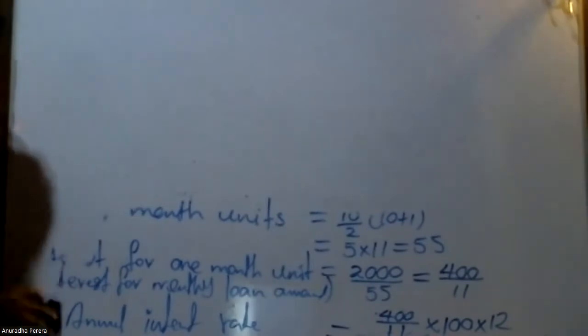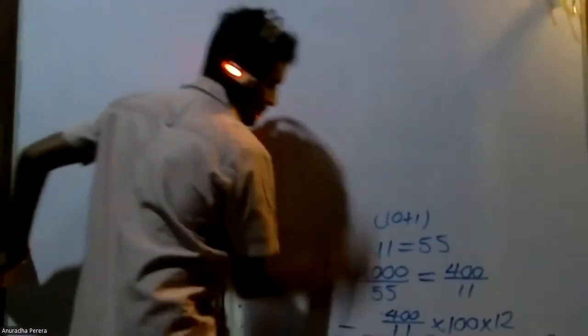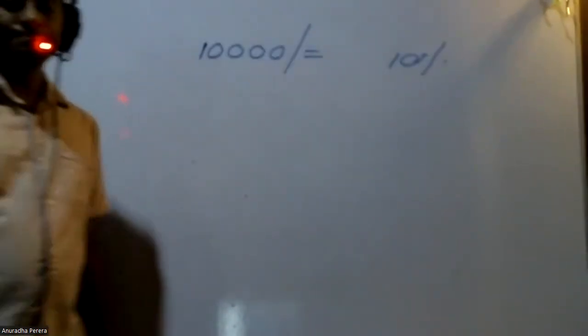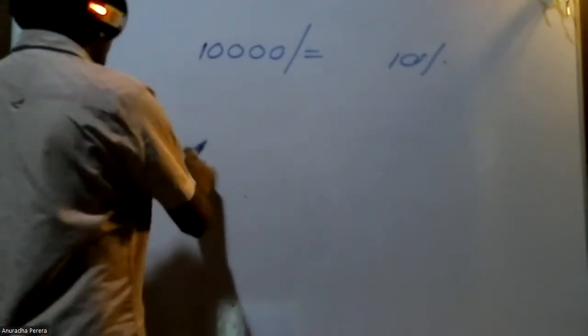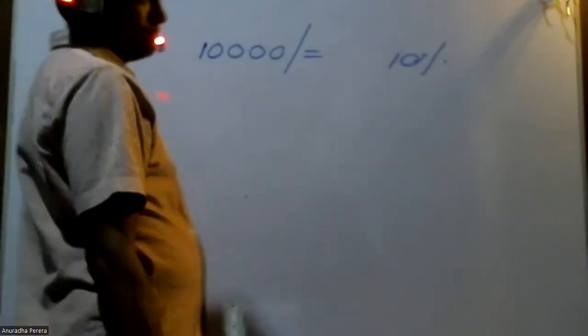Right? As an example, think a person borrows 10,000 rupees. The annual interest rate is 10%. The loan amount is 10,000. They settle the loan after 2 years.